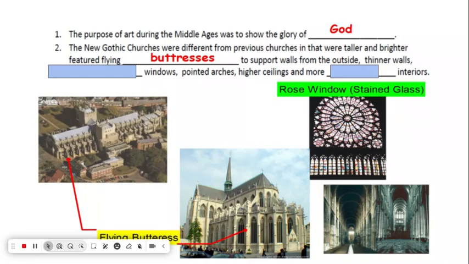It's going to allow for thinner walls, probably the use of stained glass windows, because the weight can be borne by that buttress. This allows you to have stained glass, pointed arches inside to allow the ceilings to be higher, and then you have a more open interior, which allows for more people to be inside of these churches.